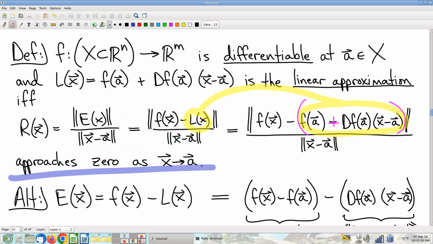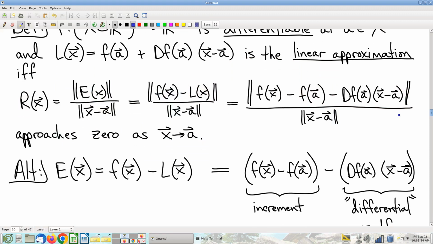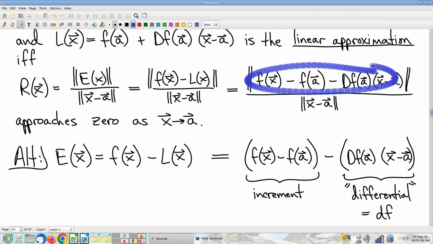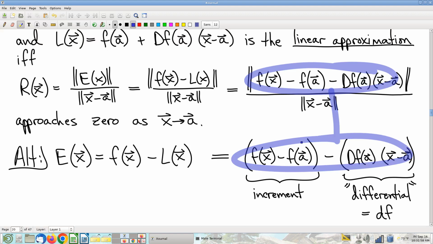Okay, real quick then, another thing that I want to point out: this numerator up here, I can rewrite it like this. Again, nothing really happened, that's just moving parentheses around.